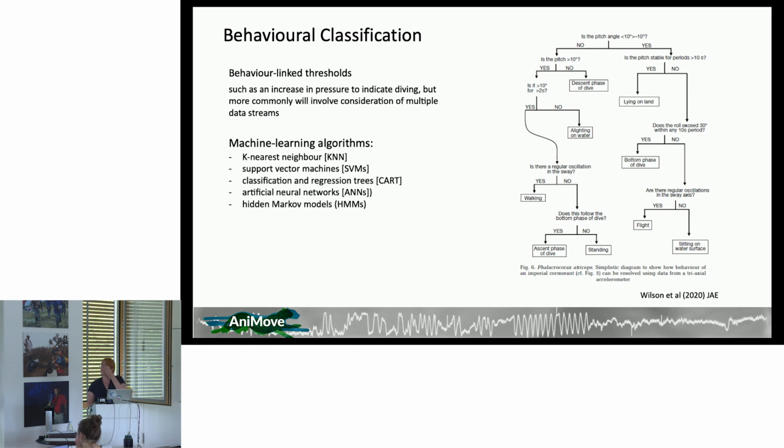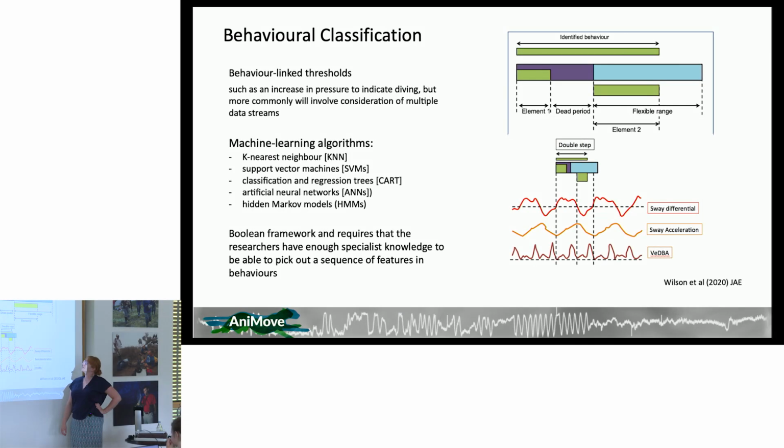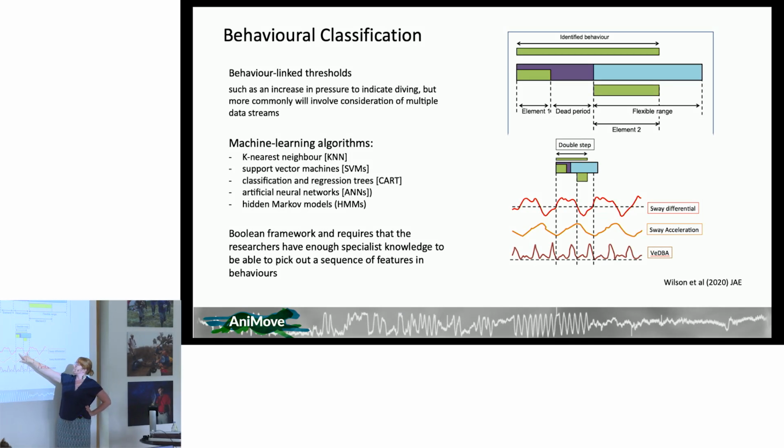There are other ways in which we could classify behavior from an accelerometer. I'm not going through these. It's the same technique as other models that you'll be learning this week, and statistical methods as well, but you can put it into any of these things. And it's a way of visualizing your data, taking this and putting it within a Boolean-based system that is flexible.